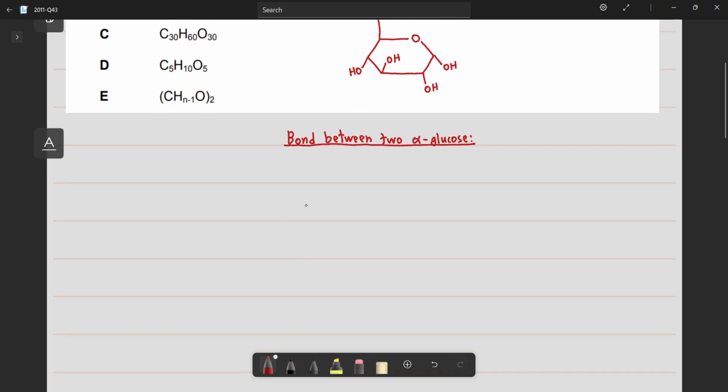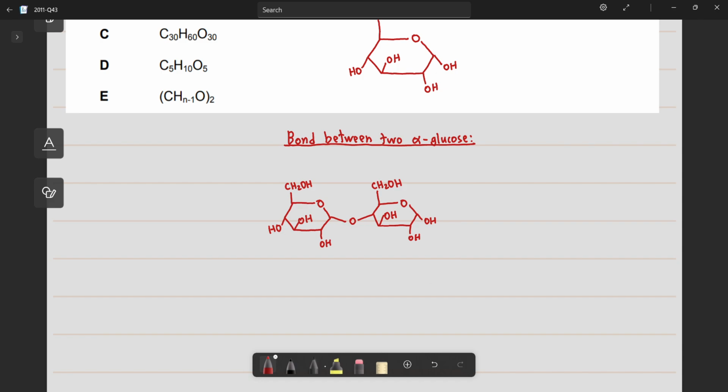So this is the structure, the glucose. Okay, so this is the structure of the bonding between the two glucose.